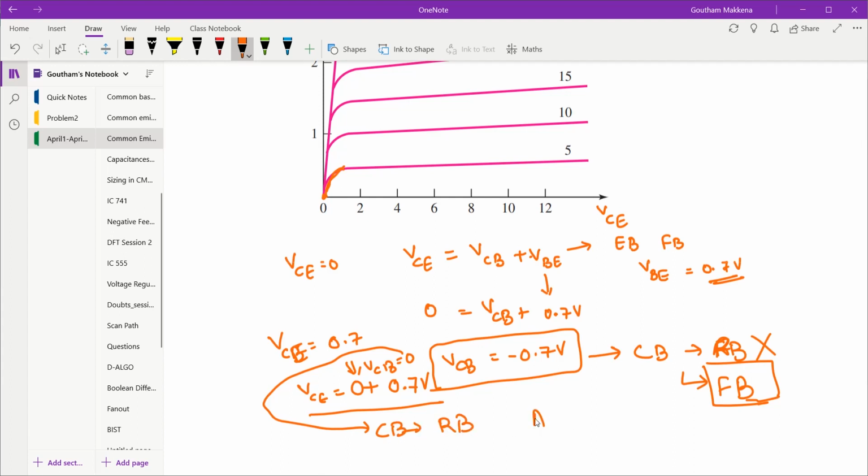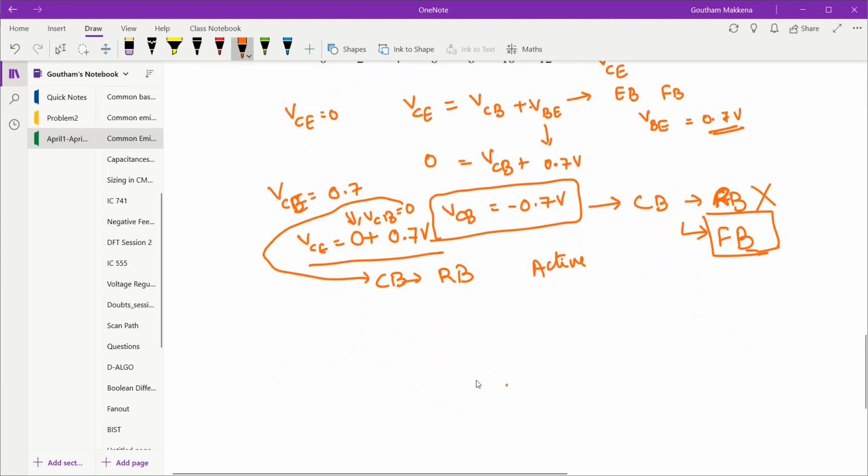Remember, we want it to be in the active region. All your formulae, alpha, beta, everything depends on the active region. Those formulae are derived for the active region. Remember, alpha is equal to IC by IE and beta is equal to IC by IB. These apply only for the active region.